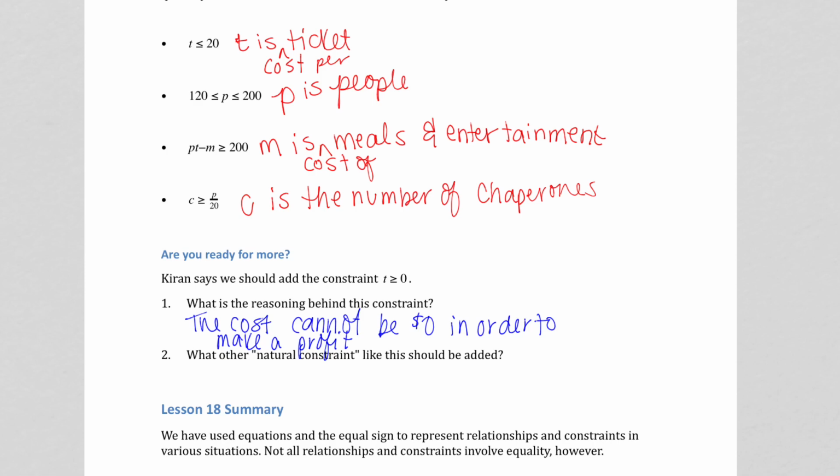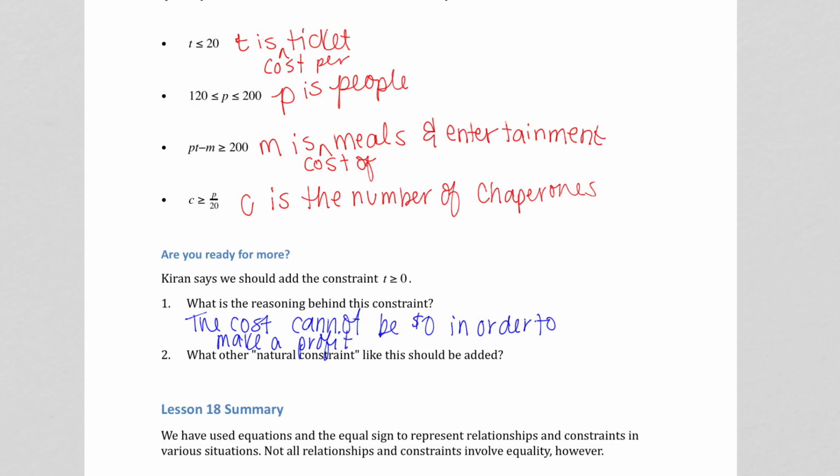Chaperones, maybe? Yeah? What could be a constraint for the chaperones? It cannot be less than or equal to 1. Well, it couldn't be less than or equal to 1, right? There has to be more than that. What is the minimum number of people we think will be there? 120, around that.